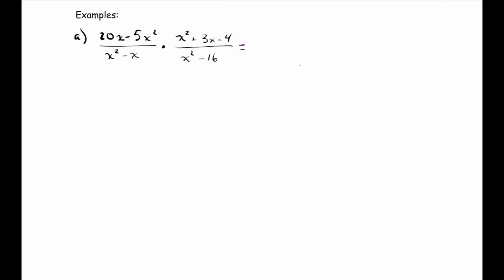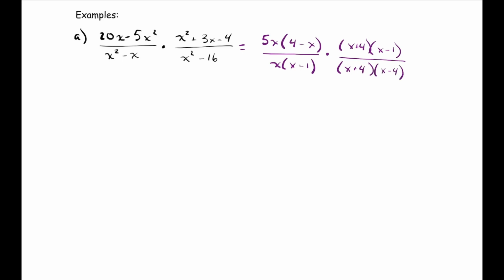So GCF on this first part, 5x and 4 minus x. And on the bottom, we just have x times x minus 1. And then in the second part, we have x plus 4, x minus 1, divided by x plus 4 and x minus 4.